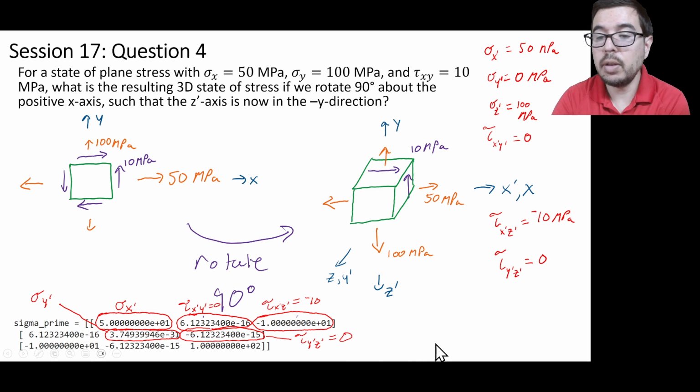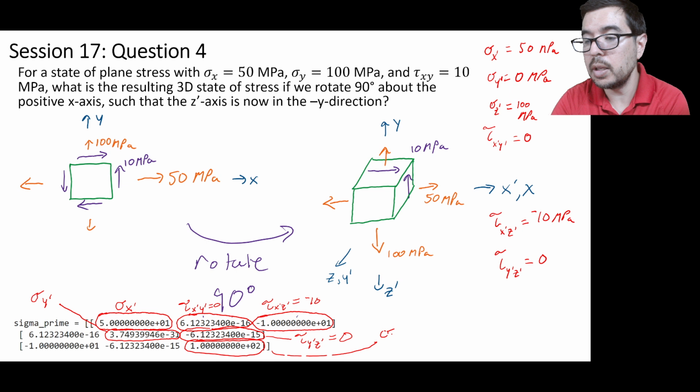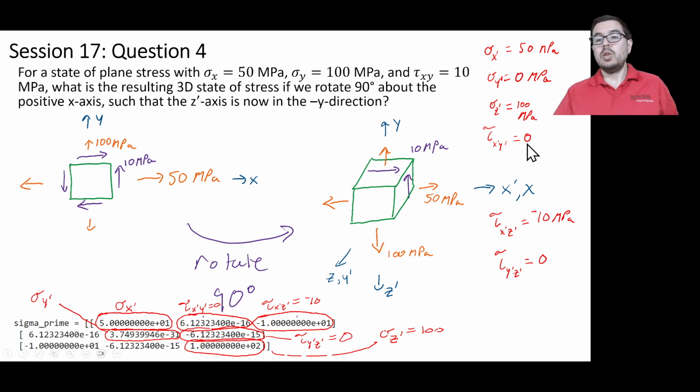And down here, we only had to do the top half, but we need to get this last one here. That component is the sigma z prime, and what's that? That's equal to 100. Okay, and that also checks out with what we had here.